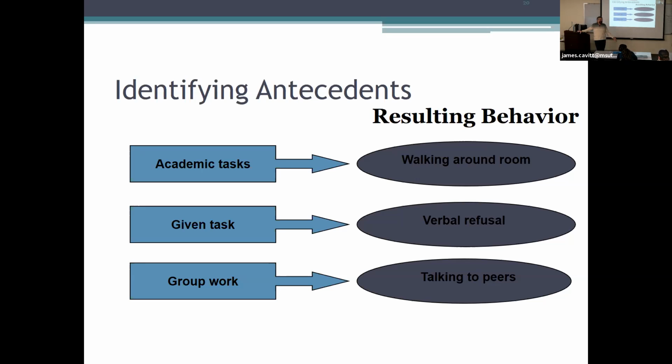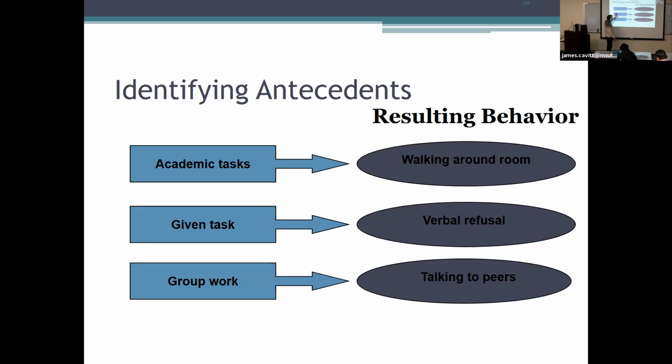We don't know that yet. We don't have enough information, but all we know right now, when describing the change of behavior, is what happened right before this behavior occurred. So we have to go back and analyze this piece. This is the antecedent, the thing that happens right before.